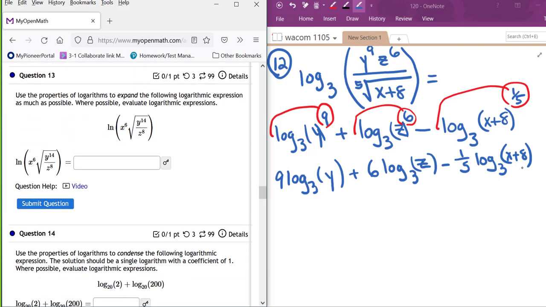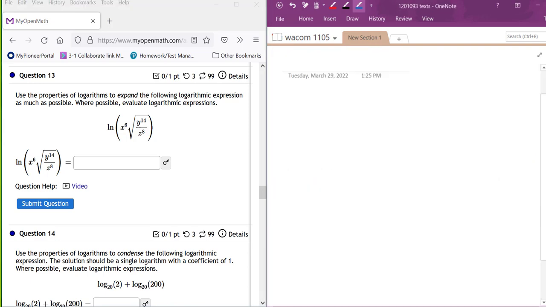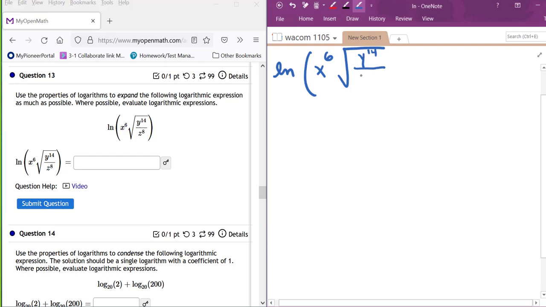All right, and this one looks a little scary, so we'll do it. So we have natural log of x to the 6th times this radical. So what you really have here is a product of these two pieces. This is an 8. So remember, the product is the sum. So we'll start with that.